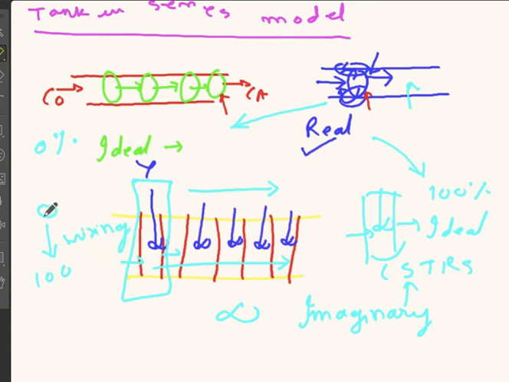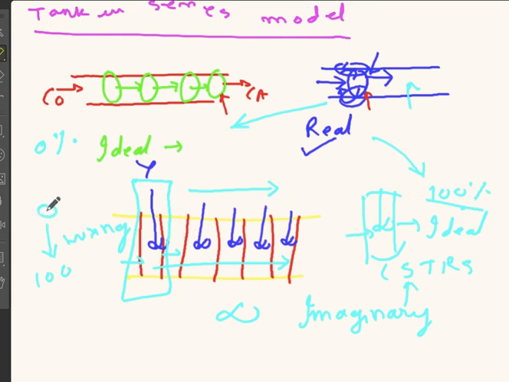When we say there is 0% mixing, it is an ideal PFR. And when I am saying 100% mixing, it is a continuous series of imaginary CSTRs that we can put into these PFRs. So a single PFR would consist of many more CSTRs when we are considering 100% mixing.